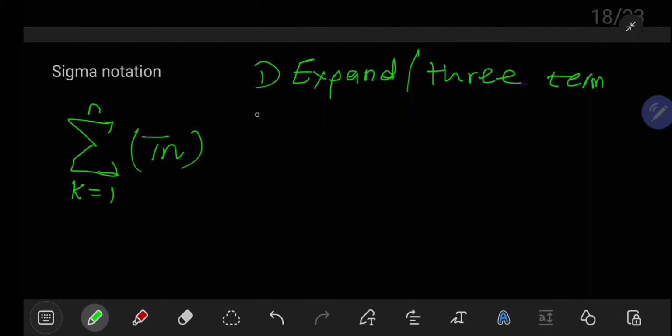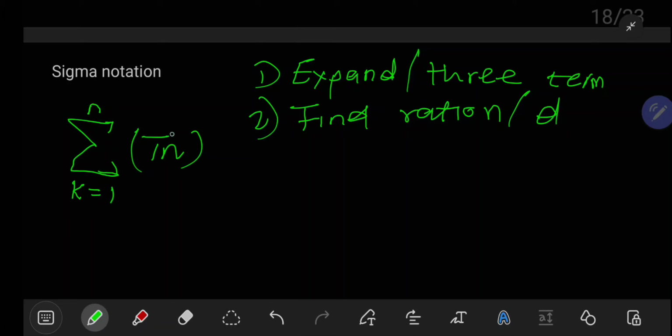The second thing you should do is to find the ratio or the difference.